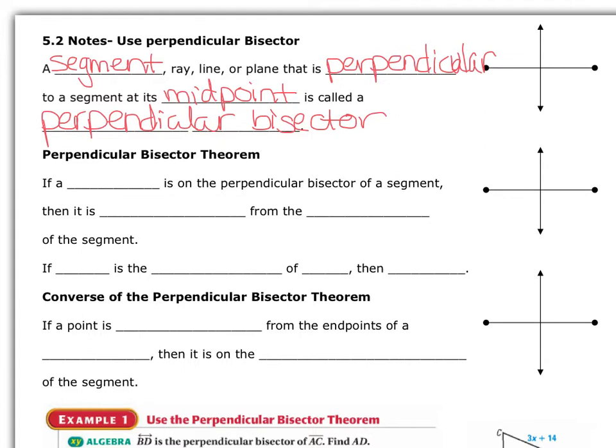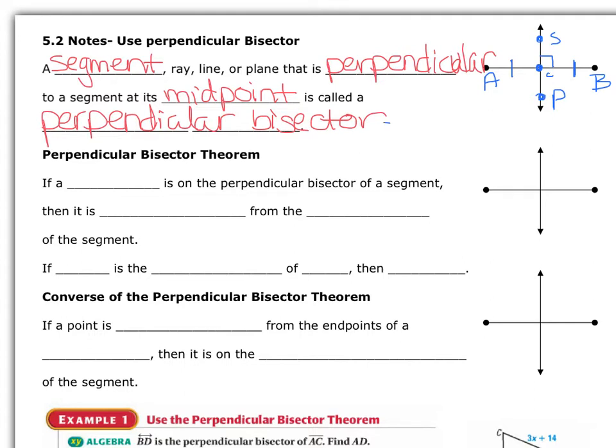So if we look at this picture over here, and let's just say we have segment AB, and we have this line SP here. We know that if we have a segment SP and that it is perpendicular to a segment, and it's perpendicular at its midpoint. So the only way we know that that is the midpoint is if the lines there are marked congruent.